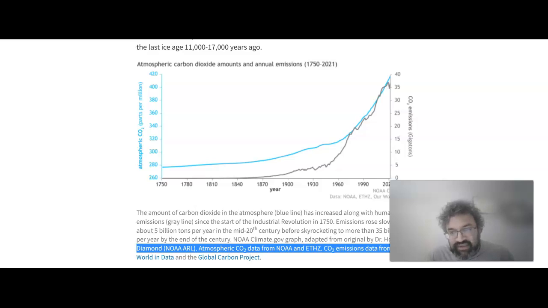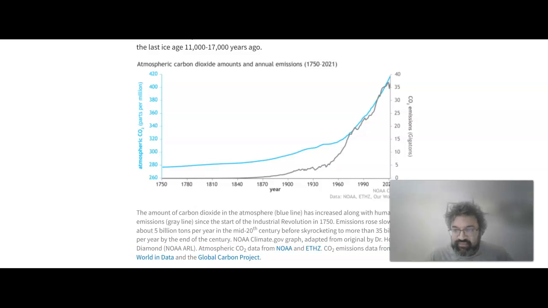Here, the gray line represents human emissions, and the blue line is just total atmospheric carbon dioxide. This one's worth looking into again.